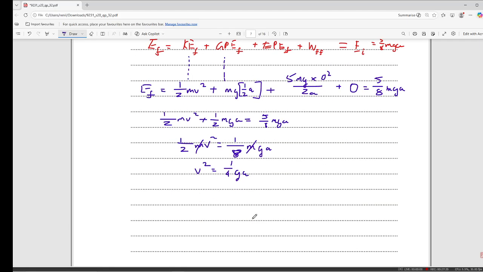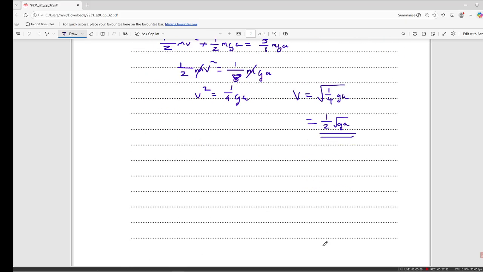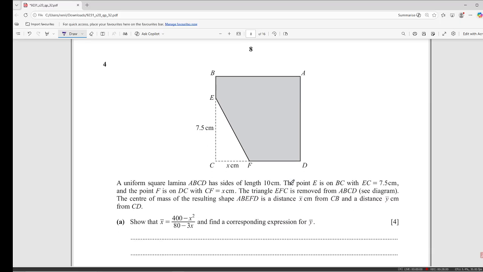And now I can use the square root. V equals root of 1 by 4 ga. And yeah, 1 by 4 can be rooted as 1 by 2. So I'm going to write this as 1 by 2 root ga. This is the final velocity when it reaches natural length of the spring. Okay. Yeah. Moving on.